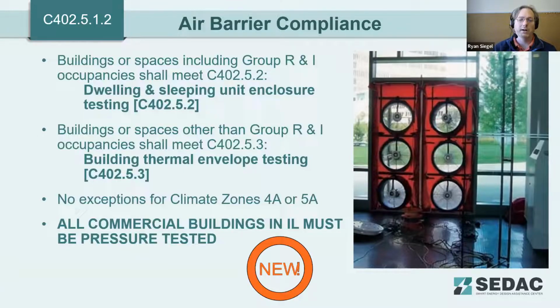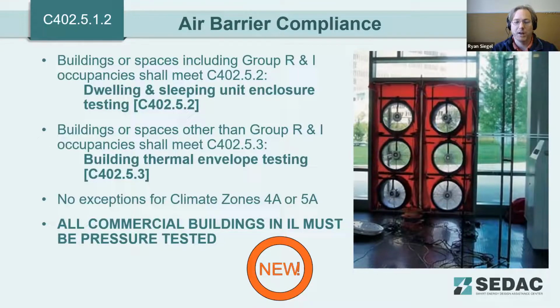So there are a couple of standards depending on if you're in group I or R. Those dwelling and sleeping unit enclosures may be tested in accordance with the residential style of standard. For other buildings, envelope testing is required using the commercial standard. The International Energy Conservation Code does have some exceptions listed.